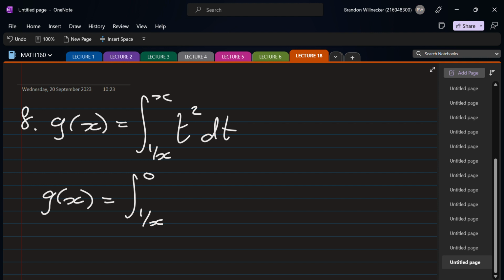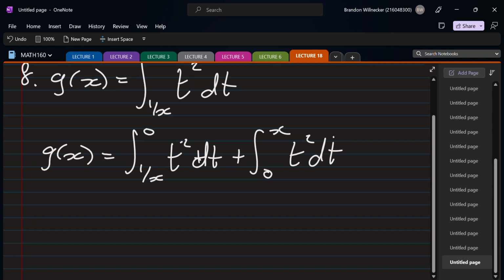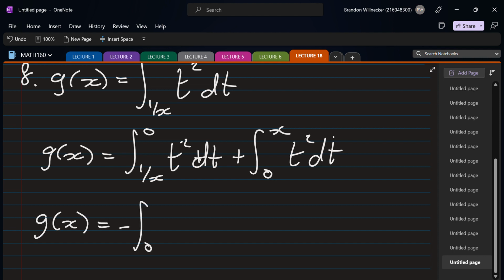No, so that's fine. dt plus the integral from 0 to x, t squared dt. First term, we have the 1 over x at the bottom, we want it at the top, swap the bounds, put in the minus sign. So that will be minus the integral from 0 to 1 over x, t squared dt, plus the integral from 0 to x, t squared dt.